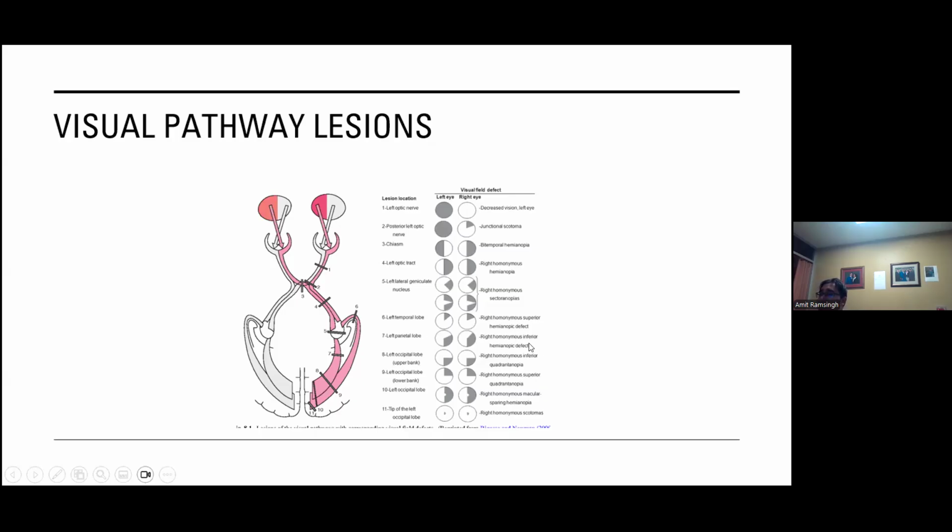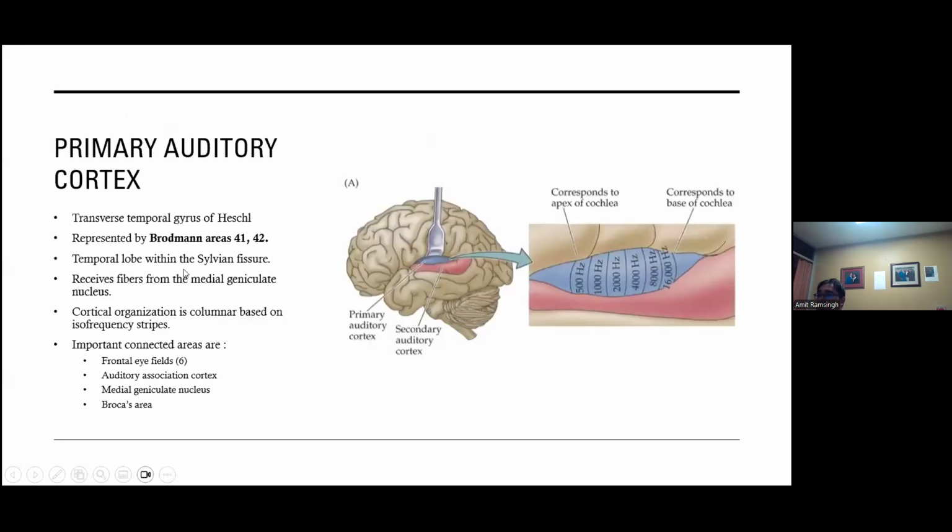And this is usually incongruous, which means that there's an asymmetrical pattern if we were to do formal visual field testing. But as we go more towards the occipital lobe and towards the calcarine fissure, these lesions become more symmetrical, congruous. So that is important to note.